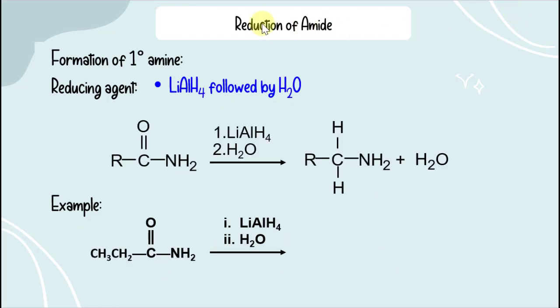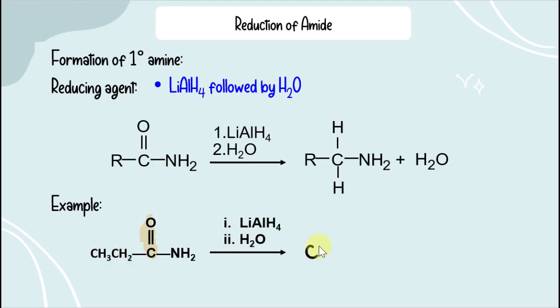And then we have the reduction of amide by using lithium aluminum hydride followed by water as our reducing agent. To form a primary amine from the amide, the C double bond O will be reduced into CH2. For example, this is our C double bond O group, so just copy back our structure.